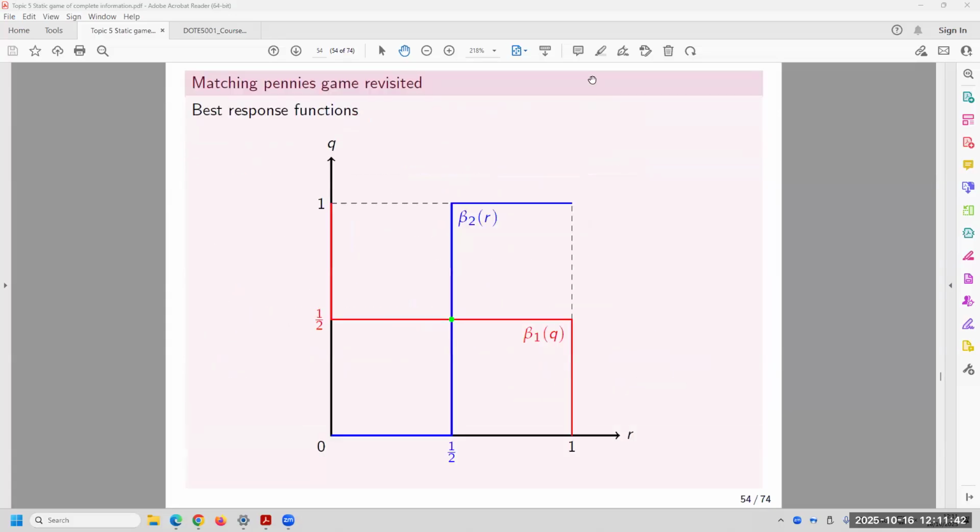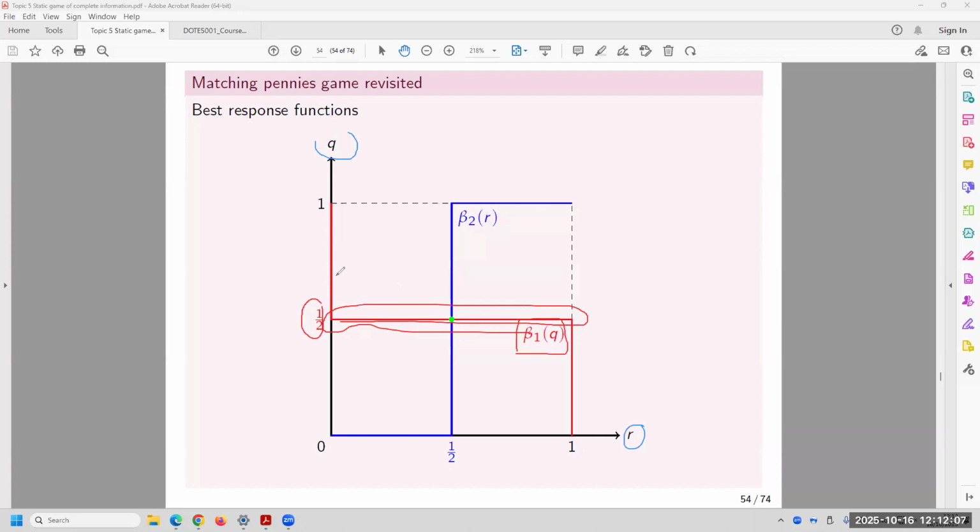This is what you draw. Okay, this is R, this is Q. Your player 1, I should use red color. Remember, if the other guy is choosing Q equal to 1/2, you don't care. So that's why you have this line, right? This line is saying that you don't care when the other guy chooses 1/2.